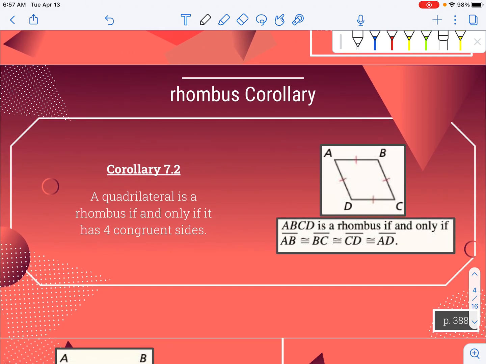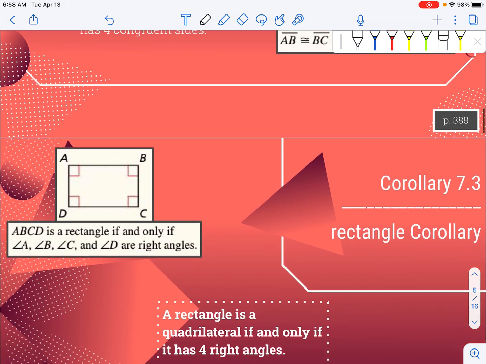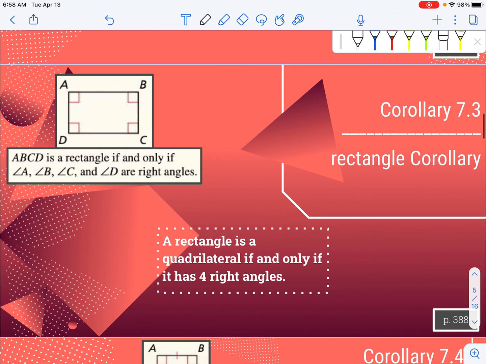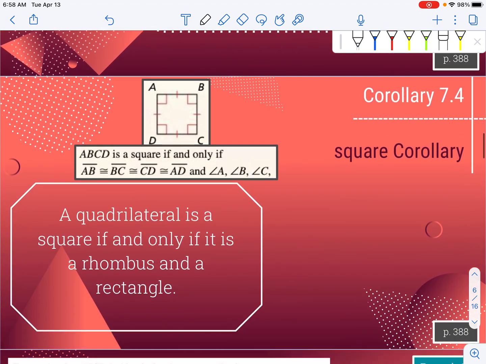So we're going to define rhombus a little bit more. A quadrilateral is a rhombus if and only if it has four congruent sides. Okay, so repeating what we talked about earlier, it has to have those four congruent sides. A quadrilateral is a rectangle if and only if it has four right angles. Again, taking that definition of a rectangle and putting it into a corollary and relating all of these to saying they are quadrilaterals, or a shape that has four sides.